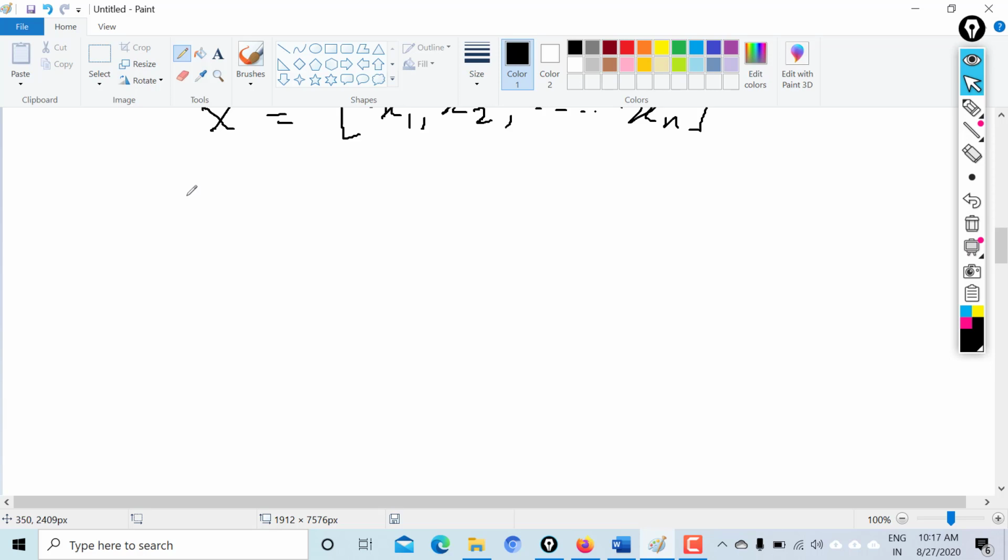Now the next thing is the topological properties of R. What are the different topological properties?